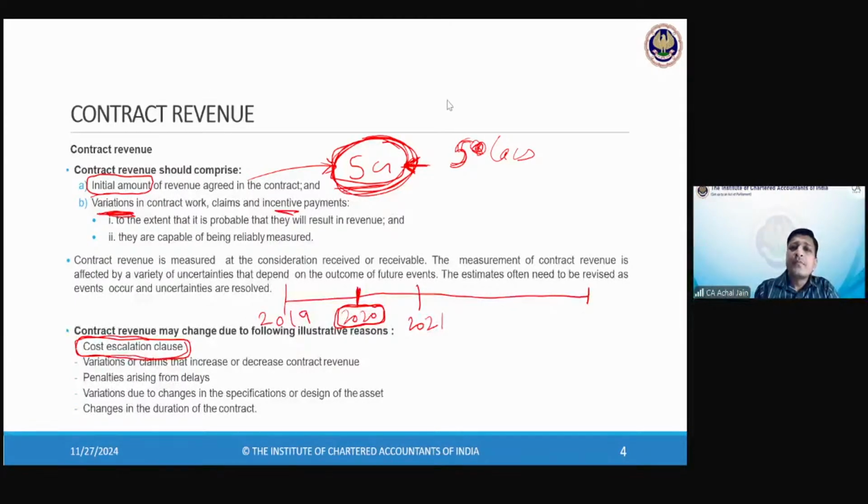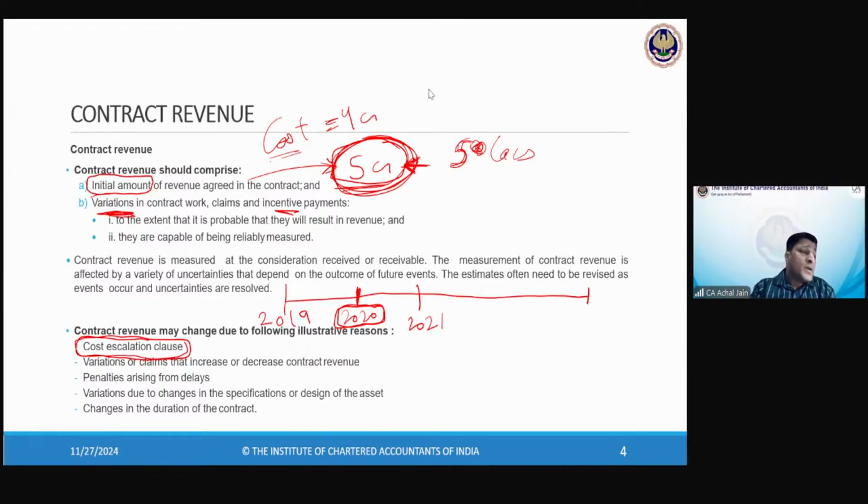So maybe initially the contractor estimated that the cost will be 4 crore, and that's why the contractor was happy to get 5 crore. Correct? So this is how generally the revenue will be agreed. This is how the contractor will generally be looking at it. Yes or no? Nitin says yes.